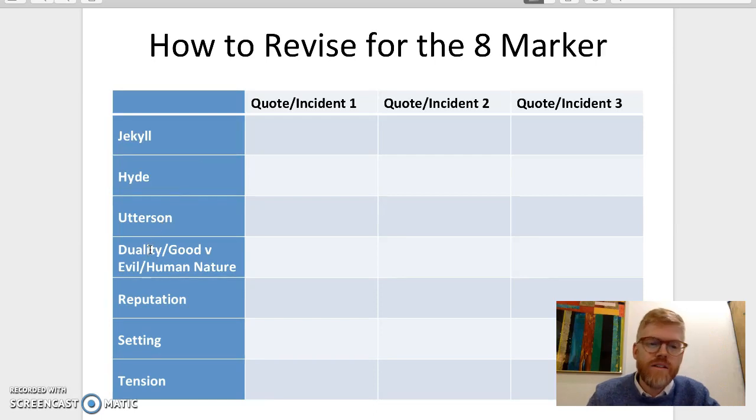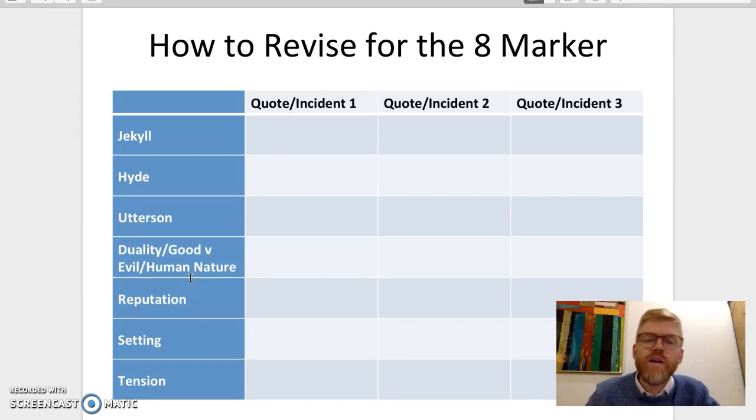Now, duality, good versus evil, and human nature, they are different ways of expressing similar ideas. The duality in people that Stevenson is advancing in this novella really boils down to the fact that human beings have both good and evil impulses within them.